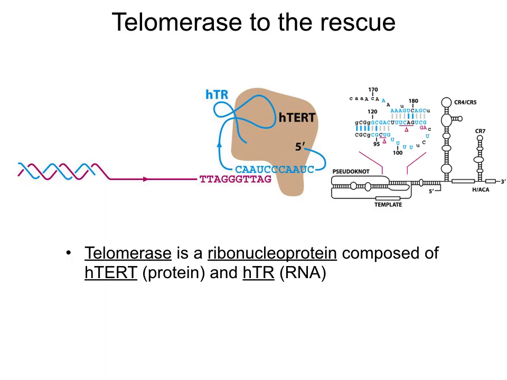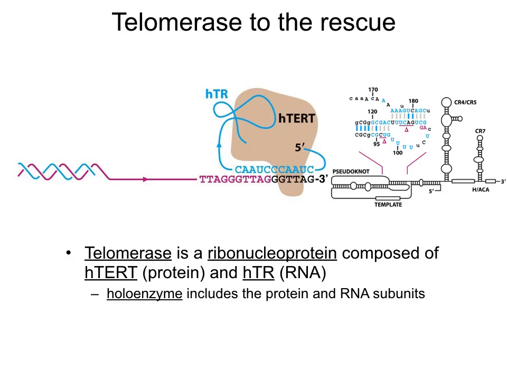So telomerase is an enzyme that uses an RNA template to synthesize DNA. Fascinating. So here you can see, using its own built-in template, it's added another little hexanucleotide sequence to the 3' end of that strand at the end of the enzyme. So the holoenzyme is required, both the RNA and protein subunits, in order for this activity to be present.